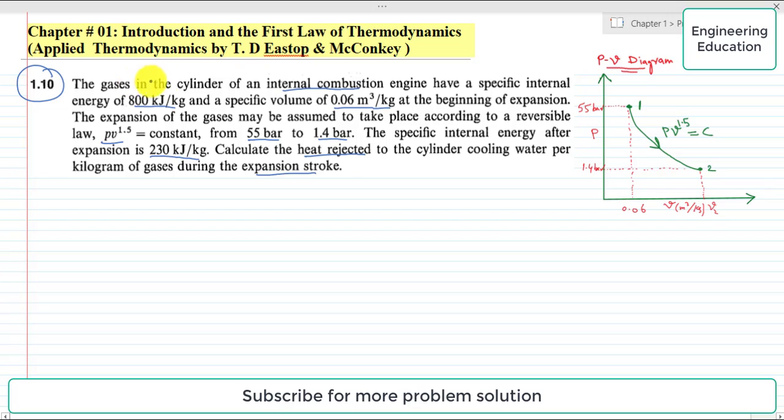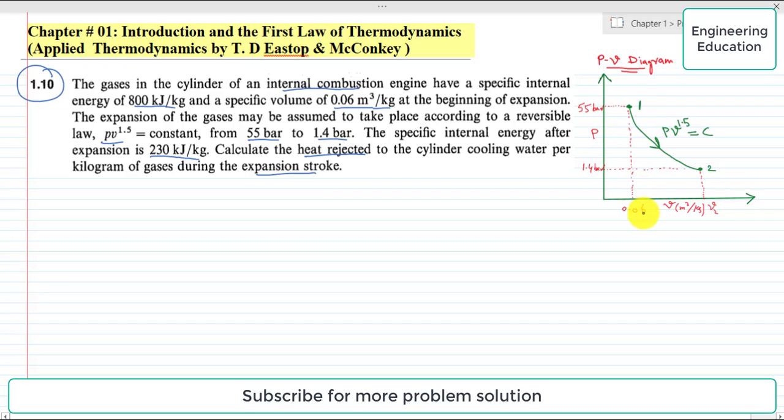So if we discuss the statement on the PV diagram, this is the rough sketch for this problem. This is state 1, before expansion starts from here. This is pressure P1, 55 bar.